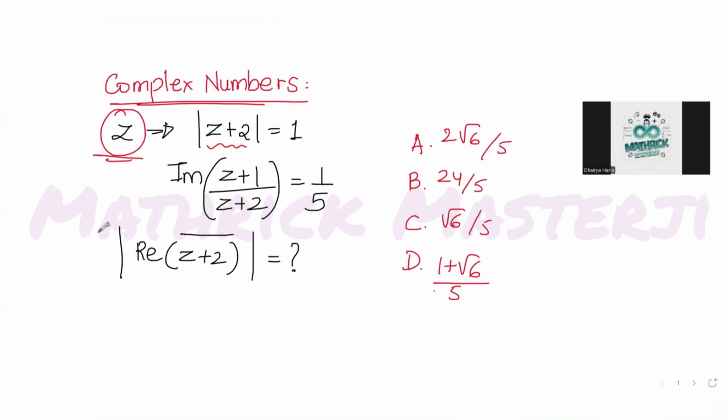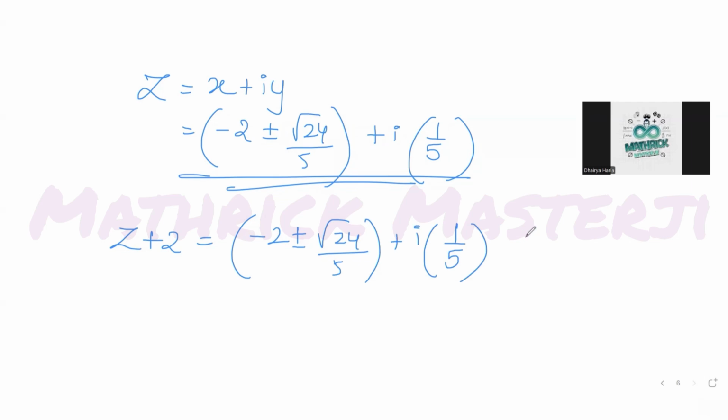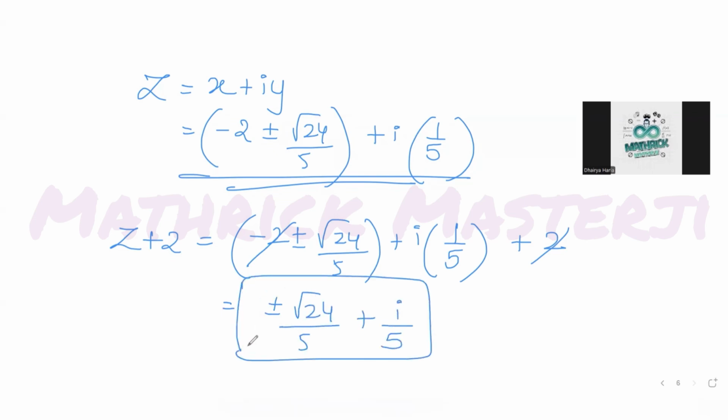The question is asking me to figure out the absolute value of the real part of the conjugate of z plus 2. So first let's find z plus 2. To find z plus 2, I already know z. This is my entire z plus 2. So minus 2 and plus 2 goes away. I'm just left with plus minus root 24 over 5 plus i over 5. That's my z plus 2.